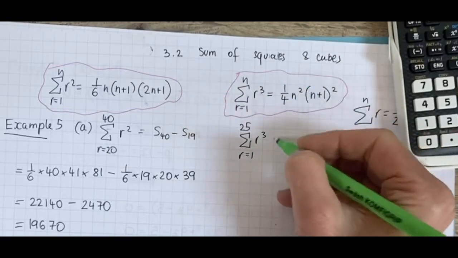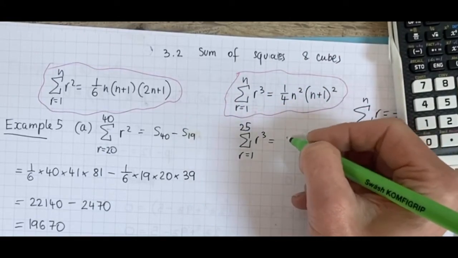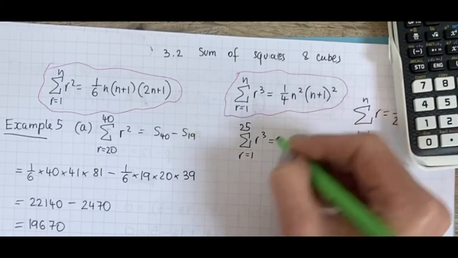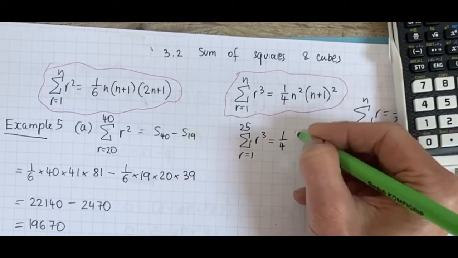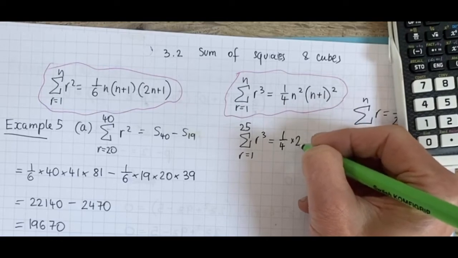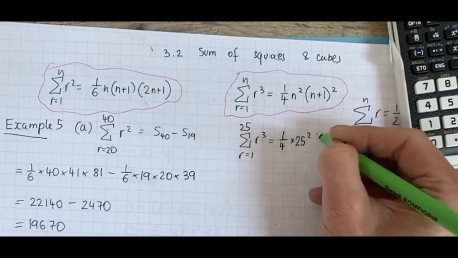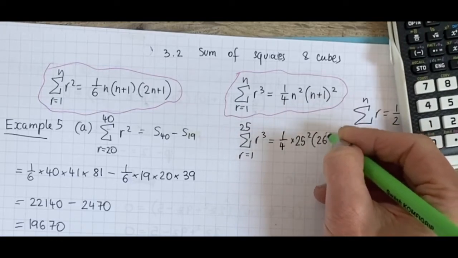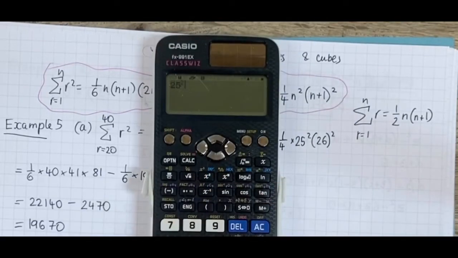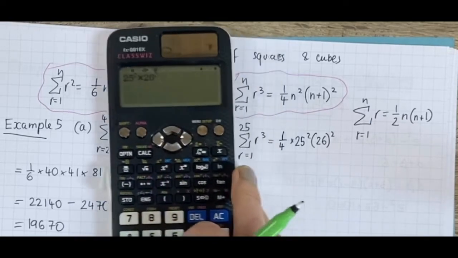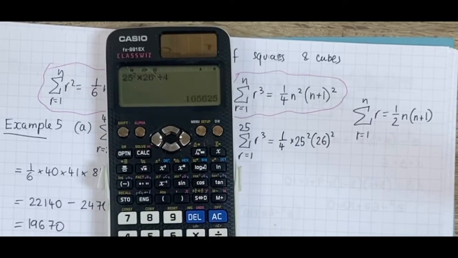Okay, here we're just going to use the sum of the first 25 cubes, starting from the 1st to the 25th. That means your n needs to be replaced with 25. So it's 25 squared times 26 squared, and I need to divide it all by 4.